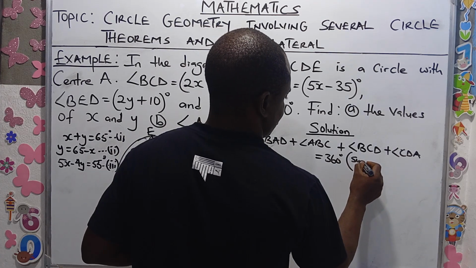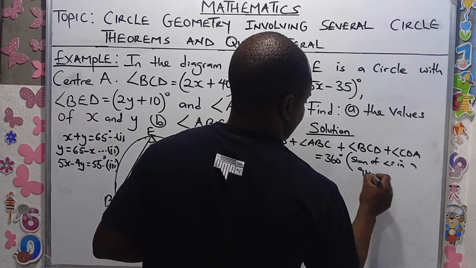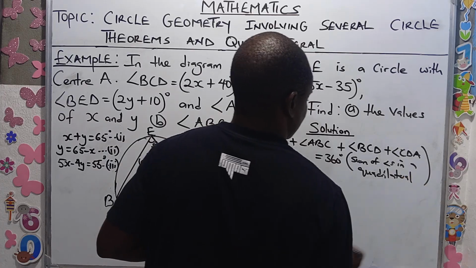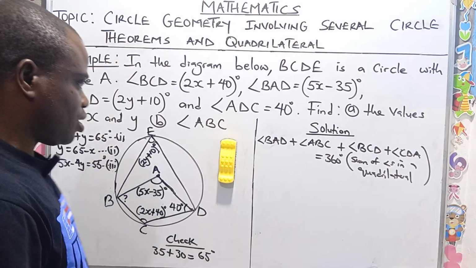Sum of angles in a quadrilateral makes it equal to 360 degrees.